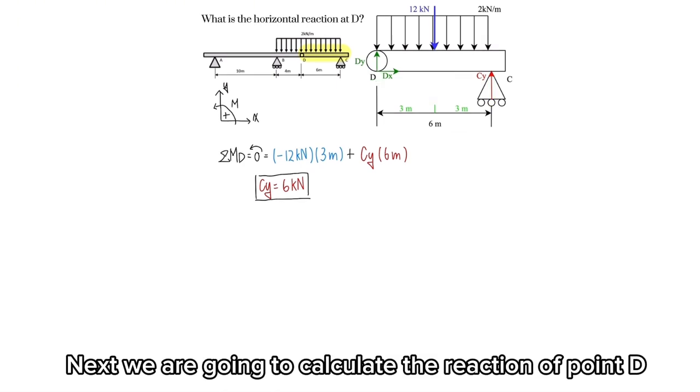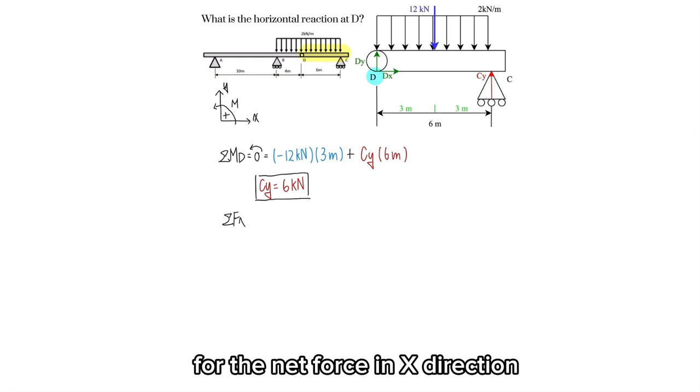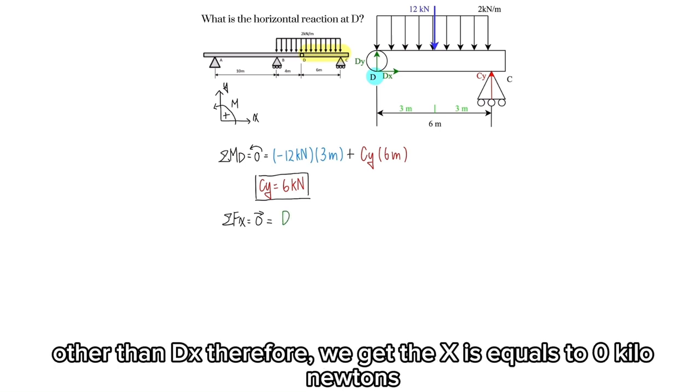Next, we are going to calculate the reaction at point D. We will set up an equilibrium equation for the net force in the X direction that must equal 0. There is no other force in this question acting in the X direction other than Dx. Therefore, Dx equals 0 kilonewtons.